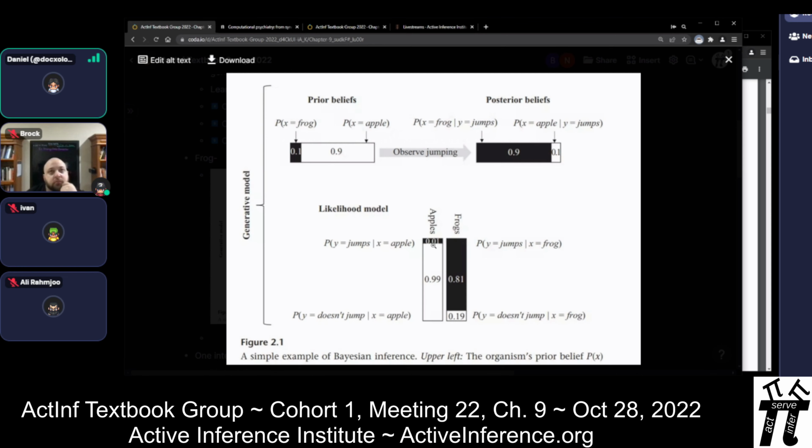It's possible that apples jump, so next time something jumps, don't just throw it away. And those are very different points to convey.